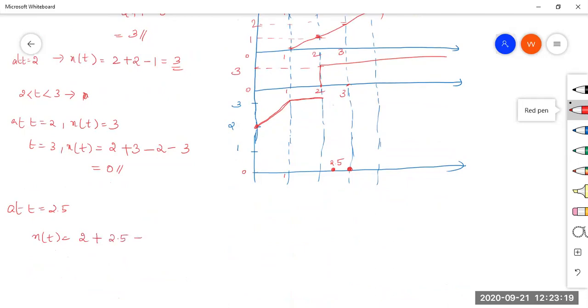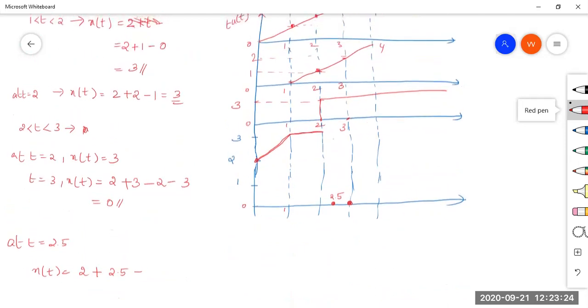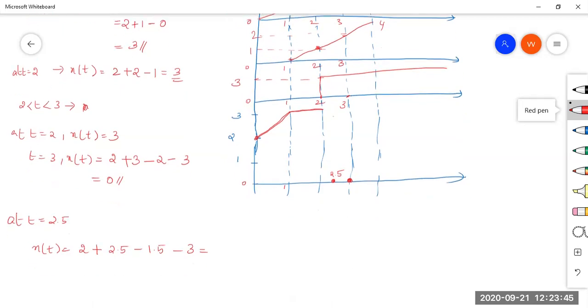For the third signal it will be 1.5, and for the fourth signal the same, remaining as 3. Correct. So this is 4.5 minus 1.5 minus 3. Right? First, let's check it once more. At 2.5.